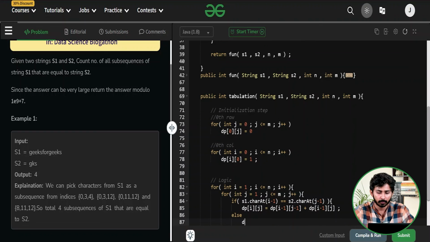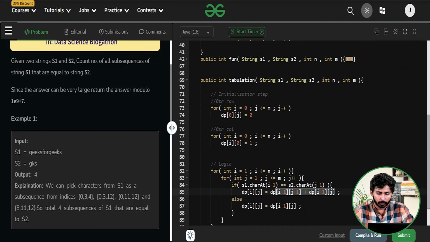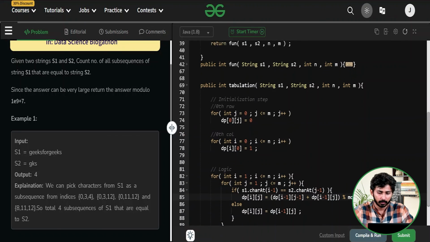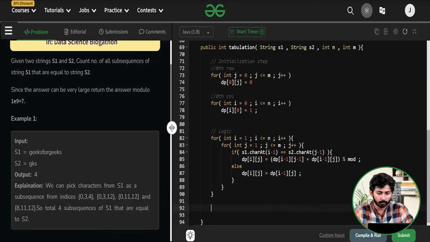Else, that means the characters are not matching, dp of i comma j equals dp of i minus 1 and j. Now I'll not forget to apply the modulo over here, right? The mistake that we did earlier. And that's it. And here I will return the value of the cell dp of n comma m.